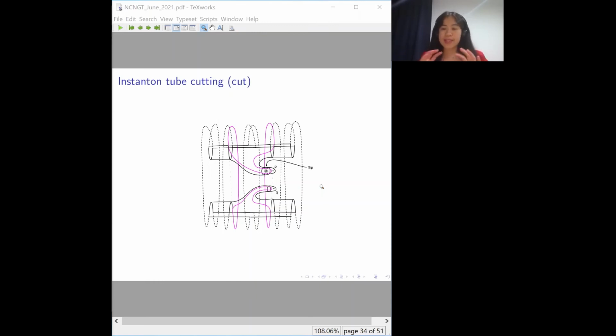Once you cut this tube, the decoration also gets modified with this tube cutting formula, then the decoration can just go away, and you end up with, again, the identity map. So this mirrors the argument in the orientable case pretty much exactly, just after you pick the right orientation.